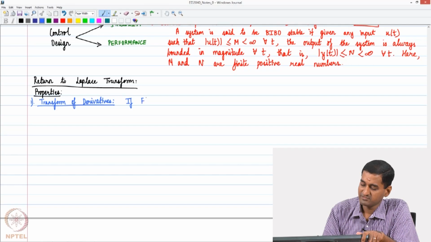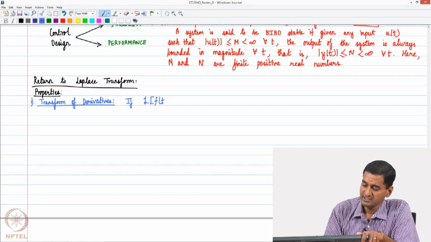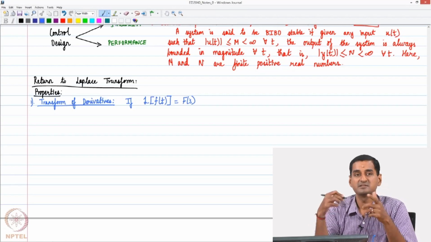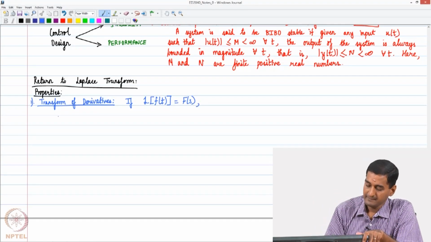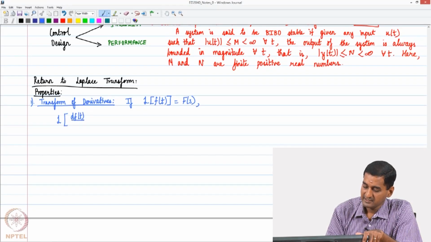Let us say I take a function f of t, and the Laplace transform of f of t in the time domain is indicated by capital F of s in the complex domain. Then the Laplace of df dt is going to be equal to s times F of s minus f0.